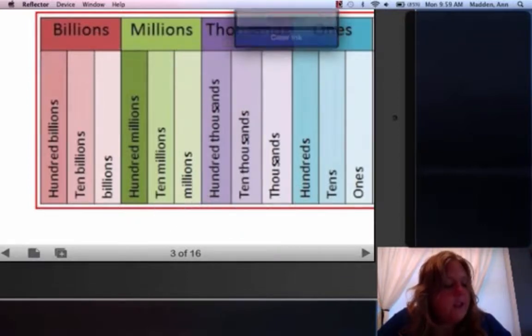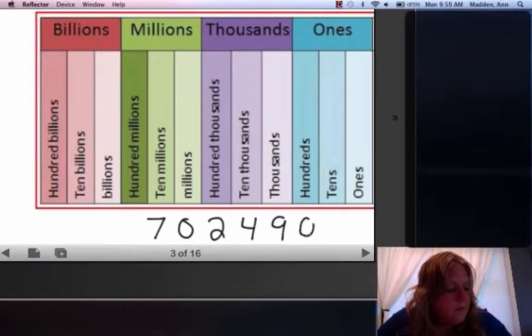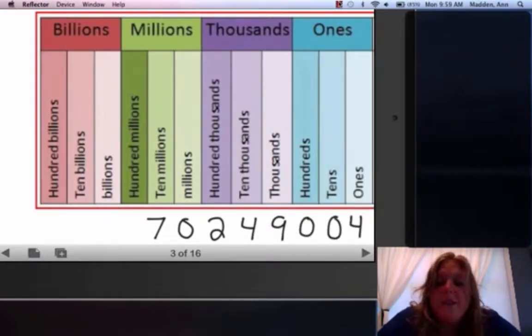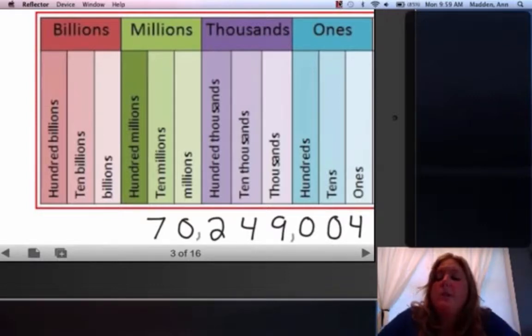Now I'm going to try another one for you. Let me clear the ink here. Let's write down this number. There are all my digits. What I do need to remember is I need to add in the commas. I count 3 over for the ones period, 3 over for the thousands period, and then there's only 2 digits in the millions period.